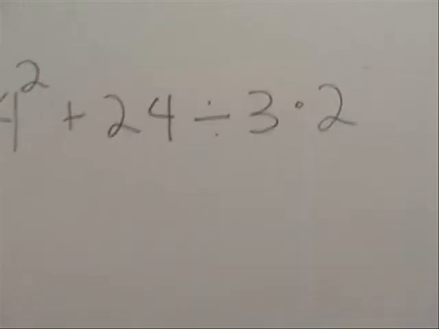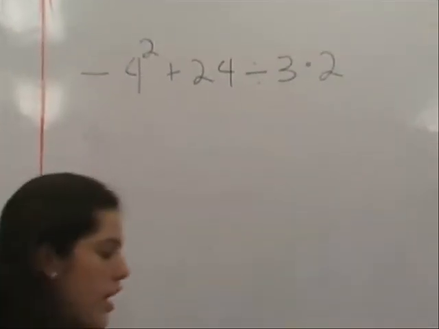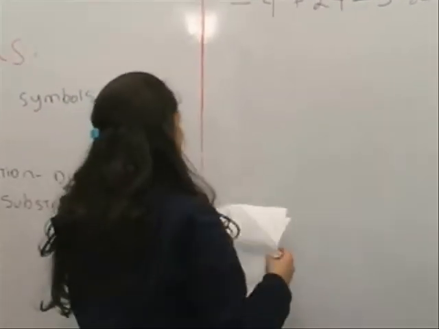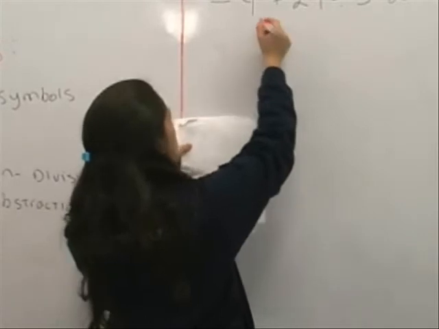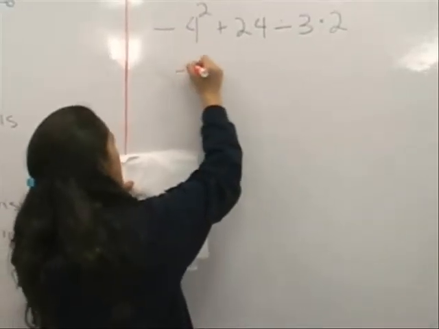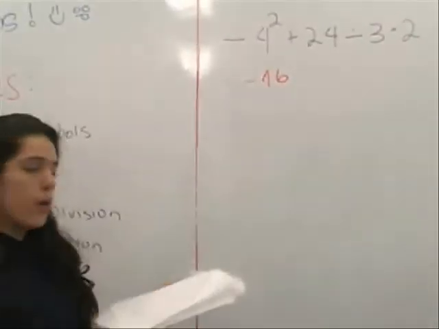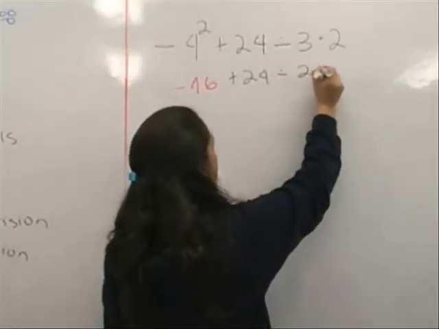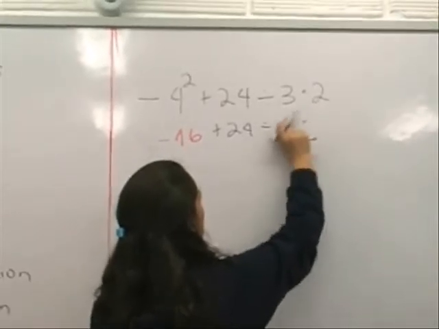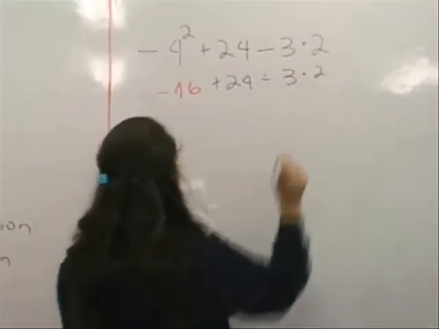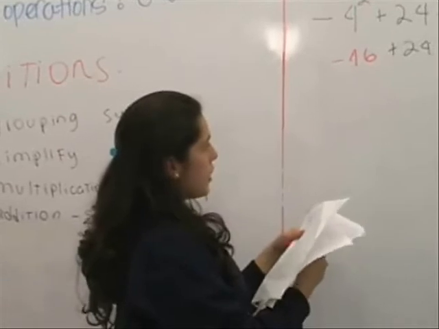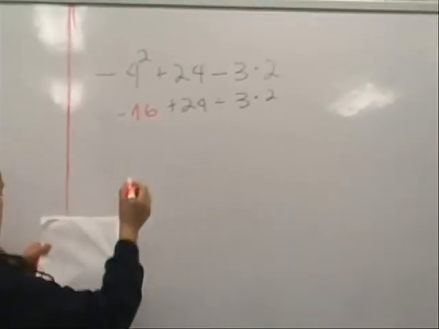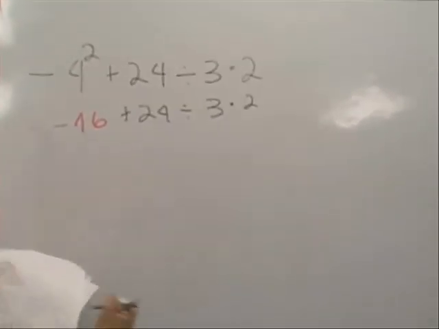You may want to use this color so you won't confuse the answer at the end. So, first the parentheses. To solve it, you solve the one first and you put the answer, and then you keep writing this. Second, you will be solving the multiplication and the division. So first the division, so you copy as it is.